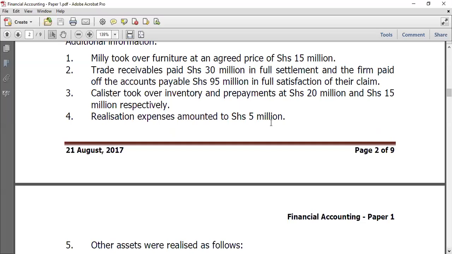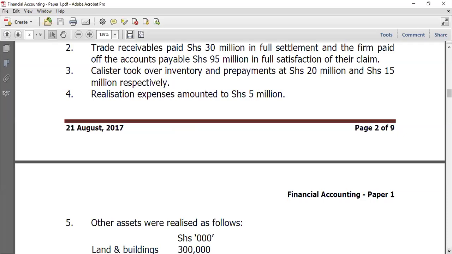Now, what realization expenses mean is that sometimes the partners may hire an external firm to support them with closing off the partnership, which we call realization expenses. It's just like liquidation expenses for private companies when they are being liquidated. That's the same thing.